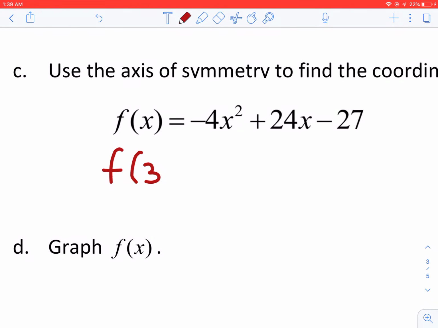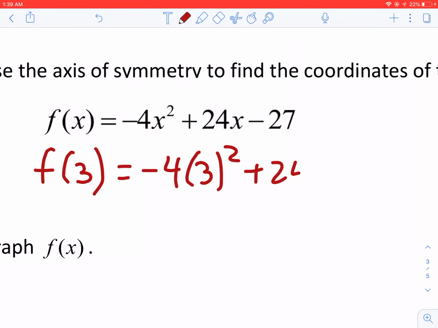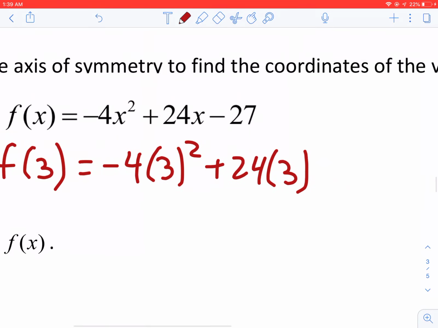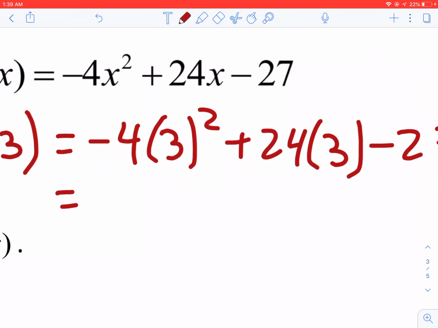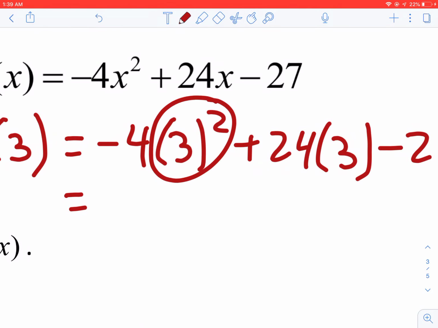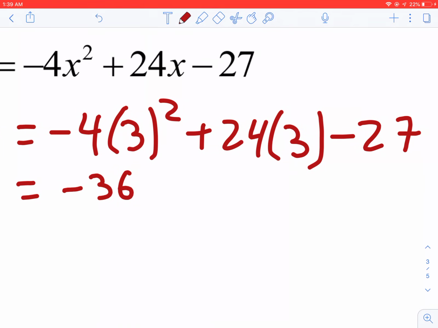So f of 3 would equal -4 times 3 squared plus 24 times 3 minus 27. Alright, so just follow order of operations and clean this up, or you can type it straight into your calculator. But this one's not so bad. 3 squared is 9. 9 times -4 is -36. Plus 72 minus 27.